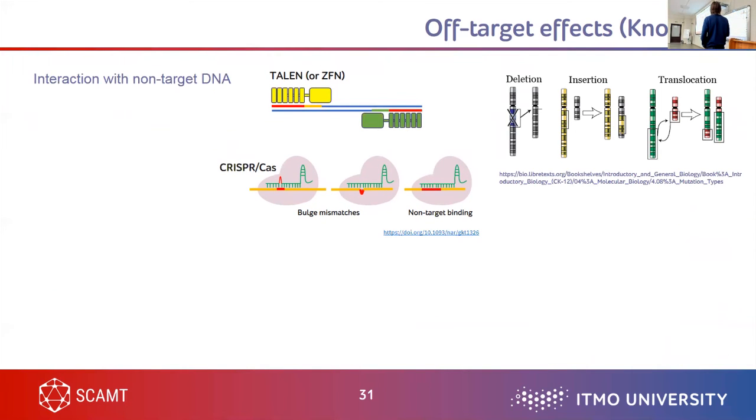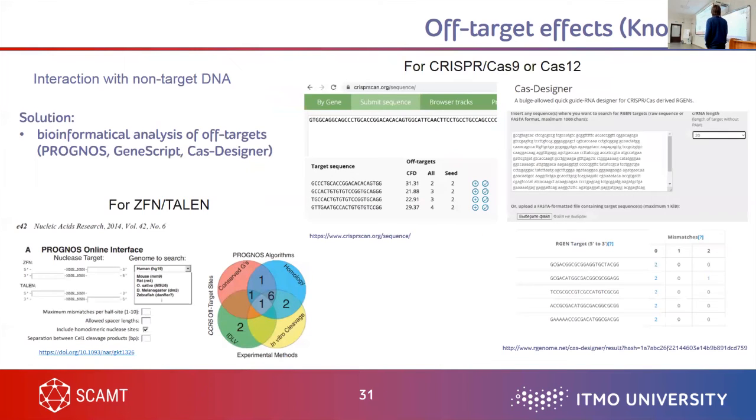So if we want to solve off-target effects with knockout tools, as I said before, we can use special software for predicting off-targets. I was talking about CRISPRscan, GenScript, and there is also CasDesign, one more software that can predict possible off-targets of the CRISPR-Cas system that you use.